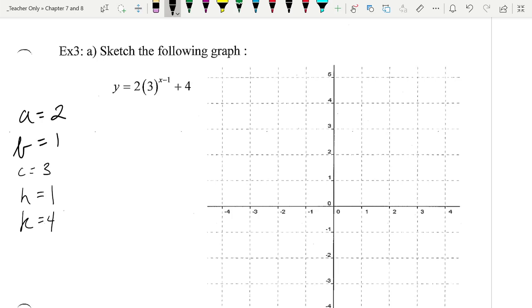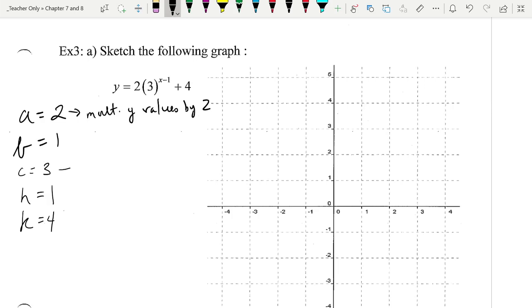So what do all those things mean? Let's go back to the words on that. Let's use our words. 2 is a vertical stretch, or multiply y values by 2. 1 means don't do anything to the x values.